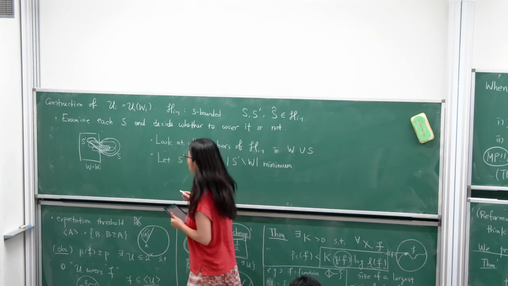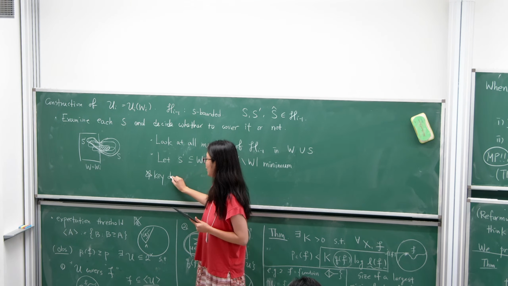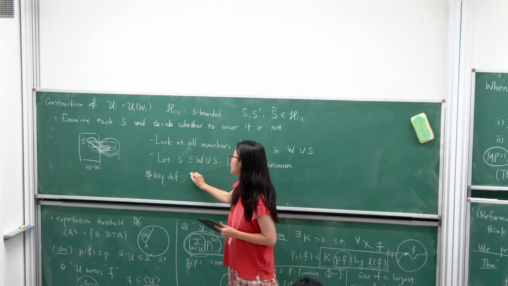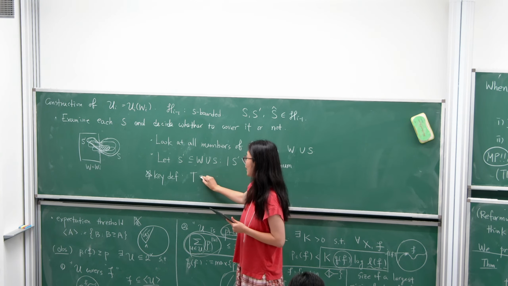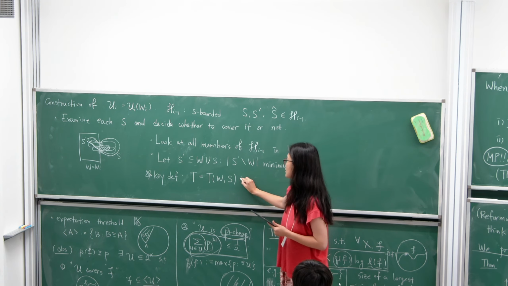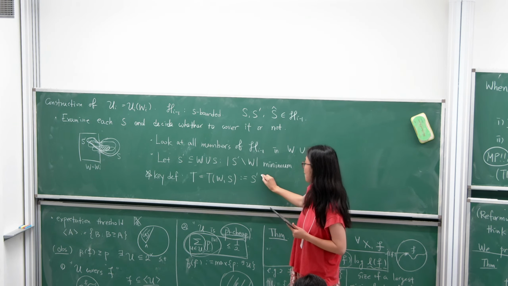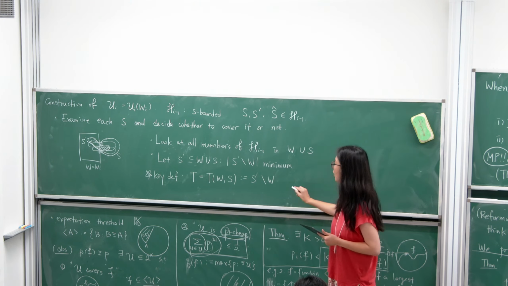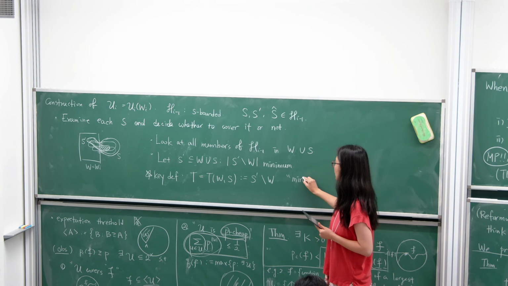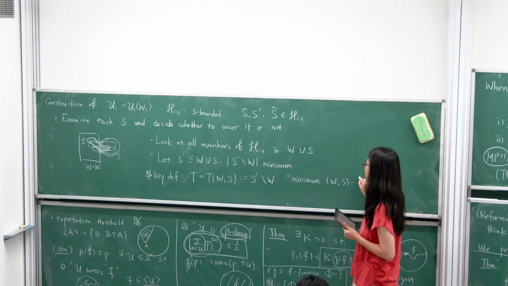And because this is so special, we give a special name. So this is the key definition. We define T, which is a function of W and S, to be S prime minus W, where S prime is that one. And we call this the minimum WS fragment.